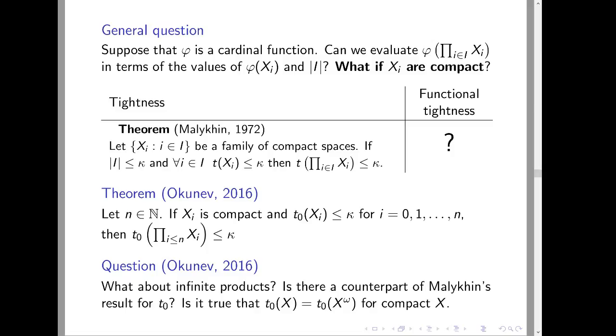In particular, it was not clear whether the countable power of a compact space has the same functional tightness as the compact space X. For ordinary tightness, this follows from Malykhin's theorem. The tightness of the countable product of the compact space is equal to the tightness of the compact space X.